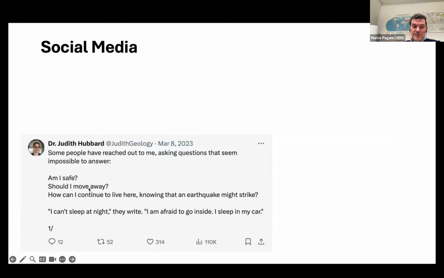Here she is posting a tweet in which she says that a lot of people have been contacting her, asking for information that she was not able to answer, like: am I safe? Should I move away? Can I continue to live here, knowing that an earthquake might strike? So people, especially during the sequence, are seeking information that helps them cope with the immediate risk to which they are exposed.